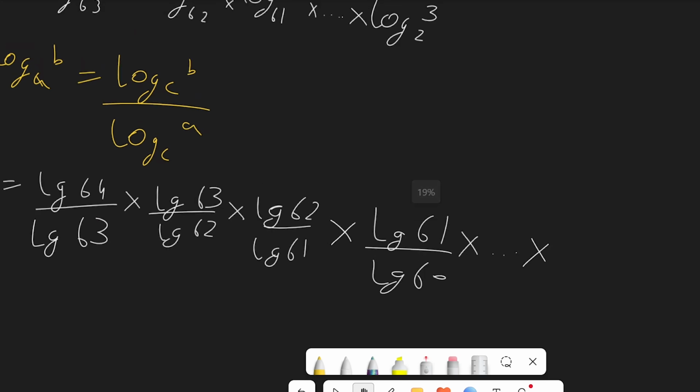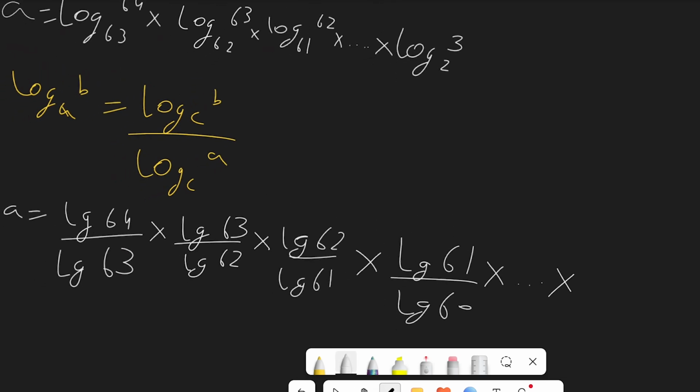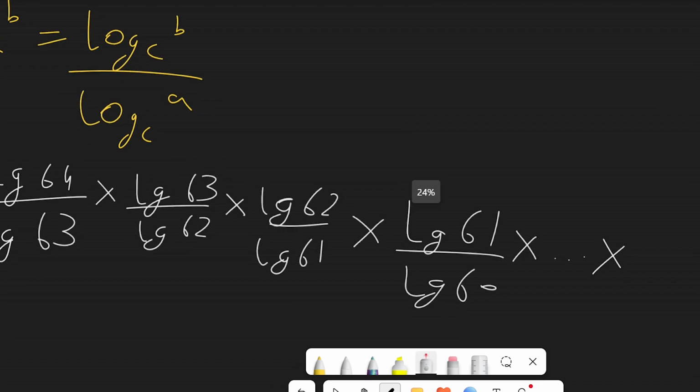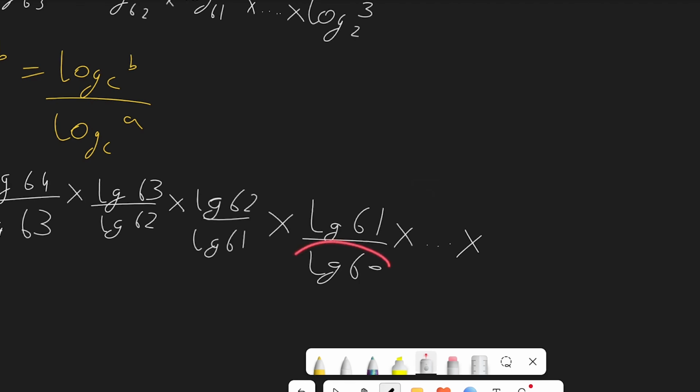Now over here we see a pattern, right? The denominator becomes the numerator of the next term. So this means that LG60 is the numerator of the next term.